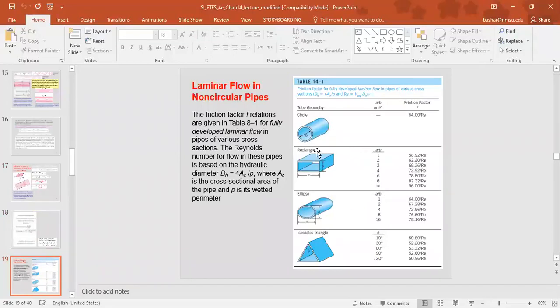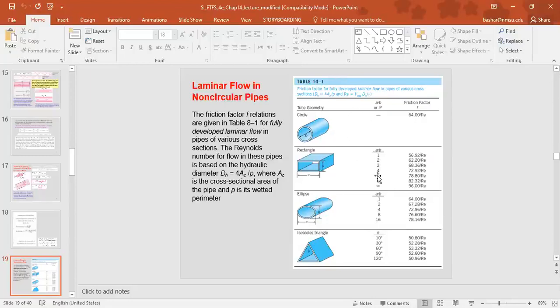Laminar flow in non-circular pipes: the main thing is to find the friction factor. For circular, it's simply 64 divided by Reynolds number. For other cross-sectional conduits or pipes, such as rectangular, elliptical, isosceles triangular, the friction factor is modified according to the geometry parameters involved in these other shapes.